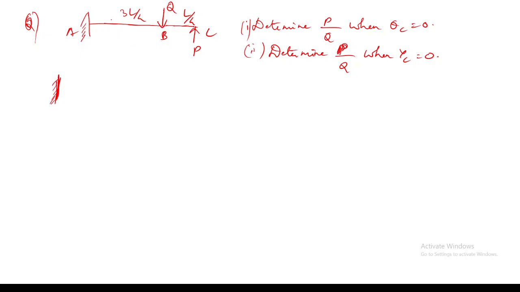See, you have a beam like this. They want you to determine the ratio of P by Q when theta c is 0 and when yc is 0. So the first step is to split this loading into two individual loadings. Let's name this as 1 and this as 2.